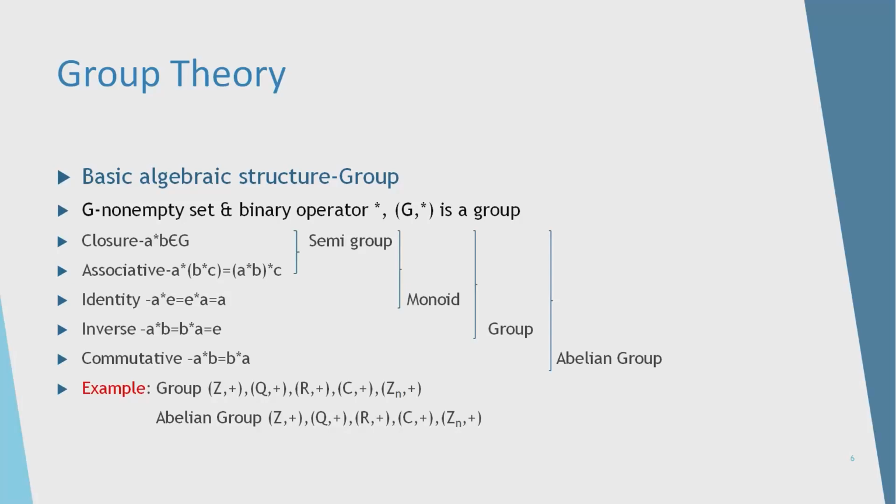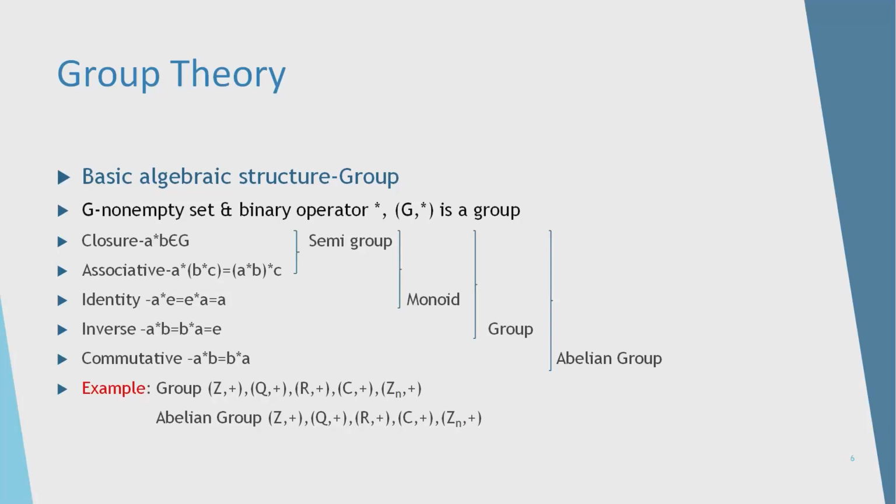Then for each element a, there exists one b such that a star b equals b star a, that is equal to identity. Then b is called the inverse of a. If any binary operator satisfies closure, associative, identity, inverse, we call it a group.